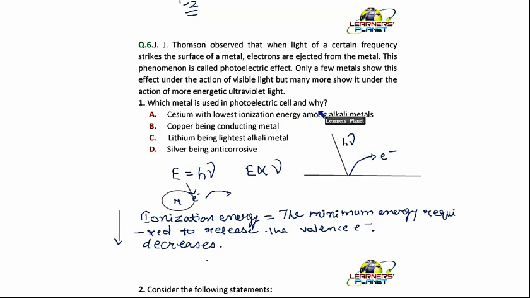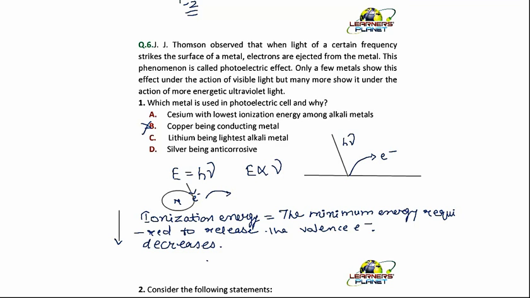Which metal is used in a photoelectric cell and why? Cesium, with the lowest ionization energy among alkali metals. Copper, being a conducting metal. Do we need a good conductor here? No. We just need a metal to start the electric current by ejecting an electron. So this option is ruled out.